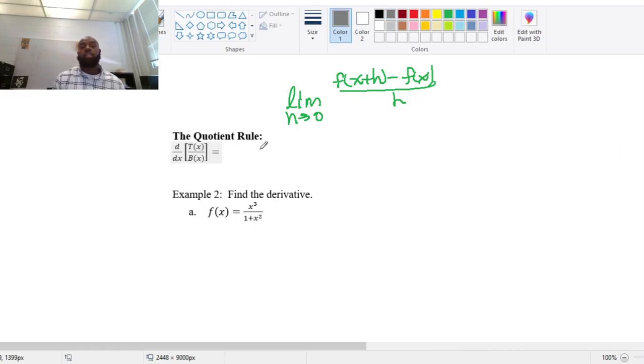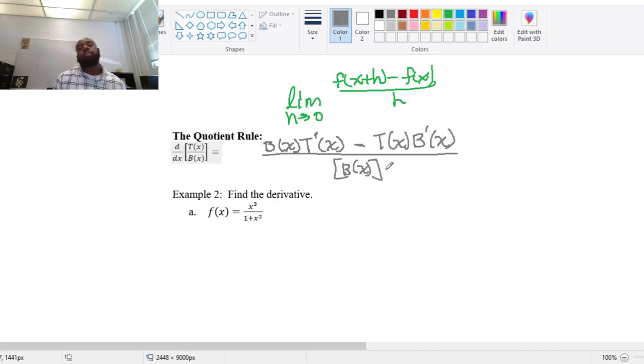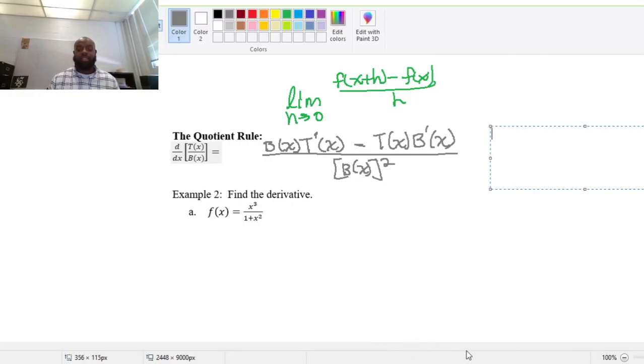This equals, it's your function on the bottom times the derivative of the top function minus your top function times the derivative of your bottom function all over the bottom function squared. All right. The way I say this in words, all right, I'm going to come over here.